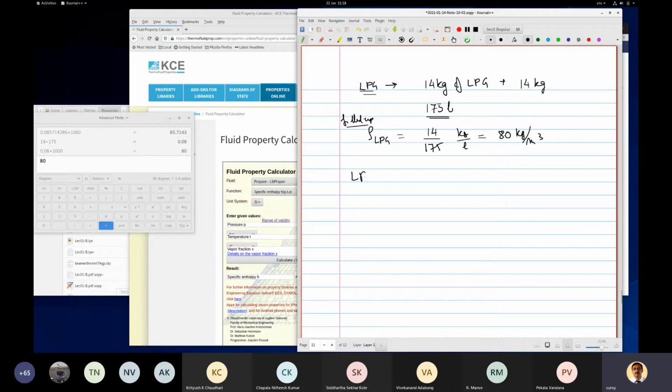So what is LPG? Right? A mixture of isobutane plus isopropane.